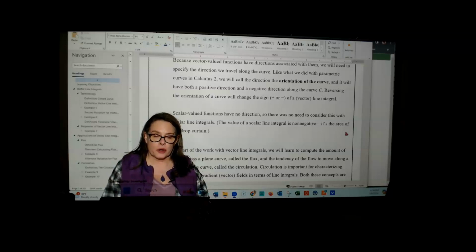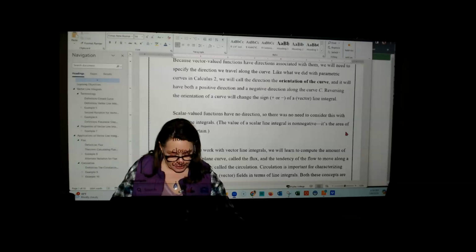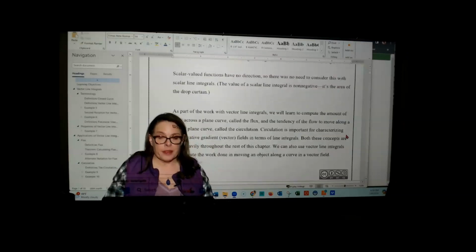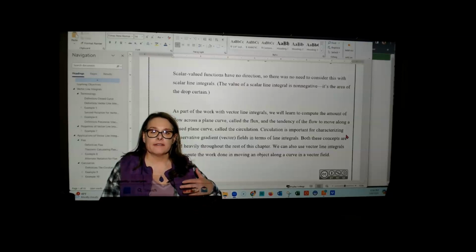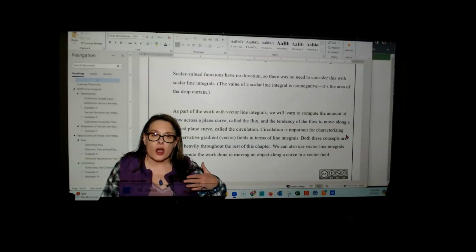As part of our work in this particular part, we're going to be looking at what's called flux. Flux is the tendency for a fluid in a vector field, where the vector field represents velocity of the fluid, to pass over the curve as opposed to along the curve.